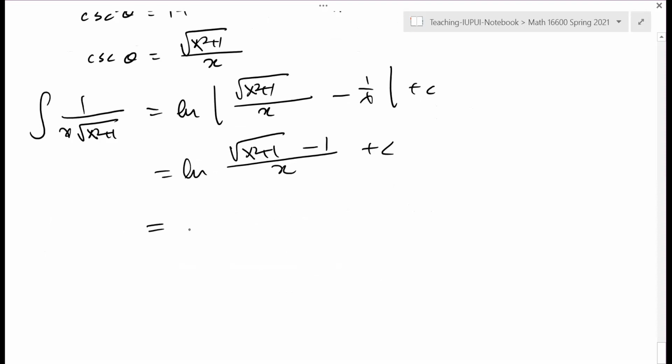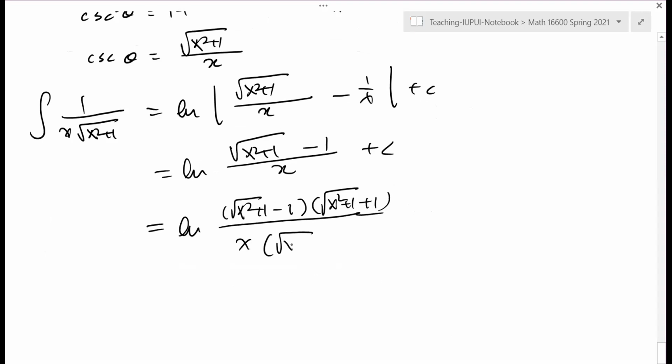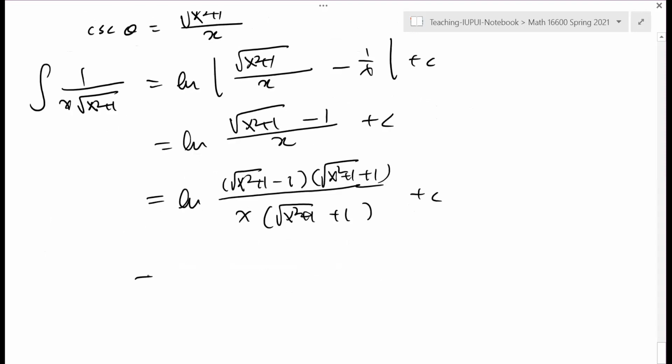The reason it's the same is you multiply the numerator by its conjugate, changing the sign. Then the numerator is a difference of squares, so you get x squared plus 1 minus 1, which is just x squared, and the denominator has x.